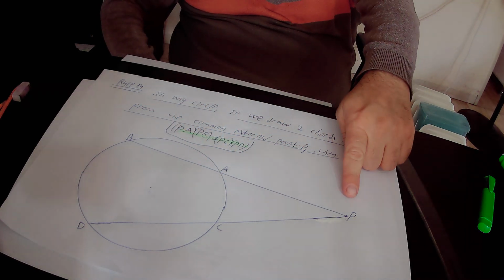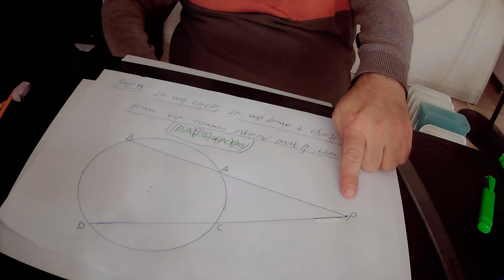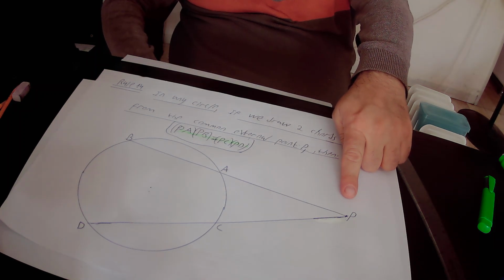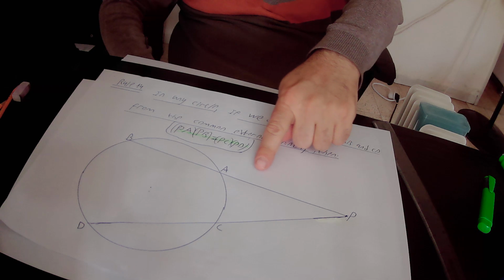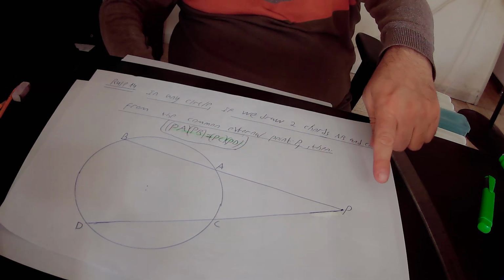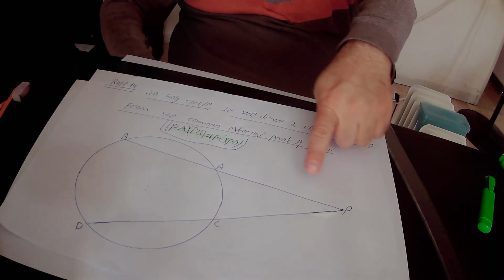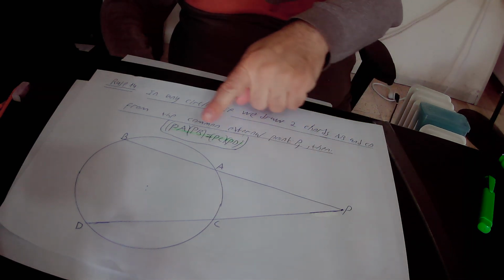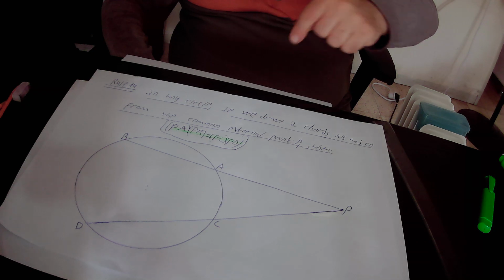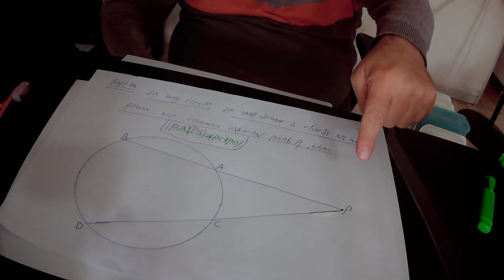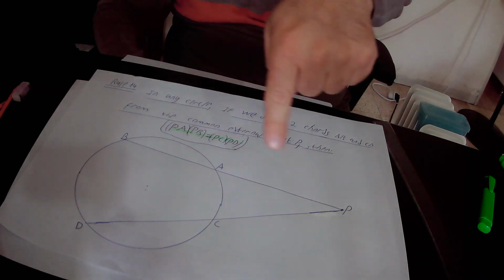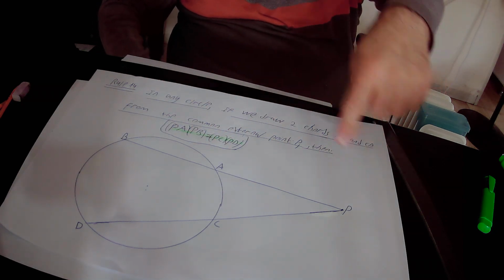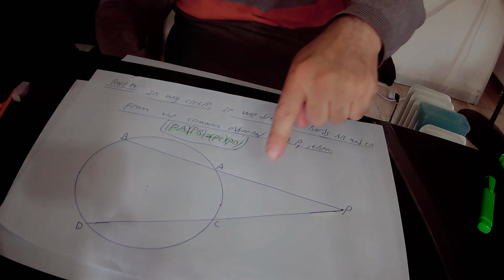The first chord we draw from point P: actually we draw line segment PB. By drawing line segment PB, we created chord AB. From the same common external point P, we draw line segment PD. By drawing line segment PD, we created chord CD.